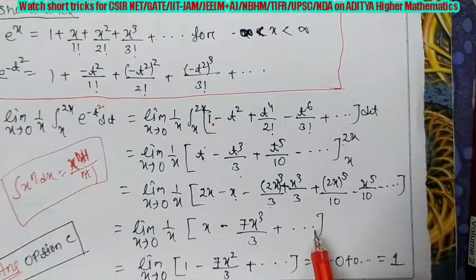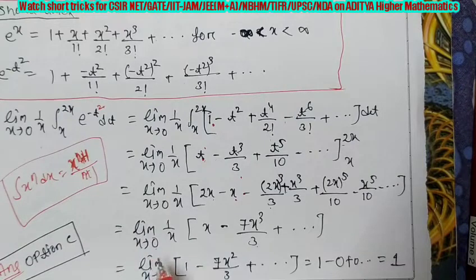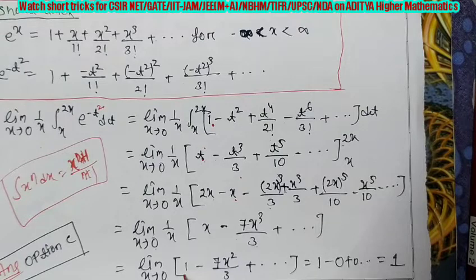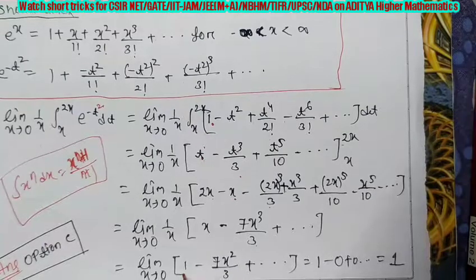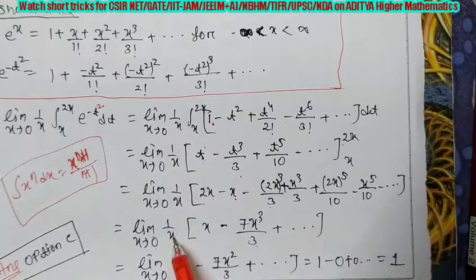And why we are not writing infinite terms, we can understand easily, because here x tends to 0 is given, so when we are dividing by x, this is x by x, you will get 1, and x cube, when you cancel by x, it is coming x square by 3, and the remaining terms whatever will come, we are just writing dot dot dot, because it is an infinite series.